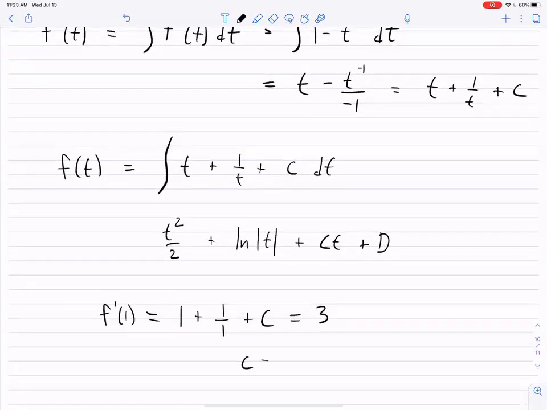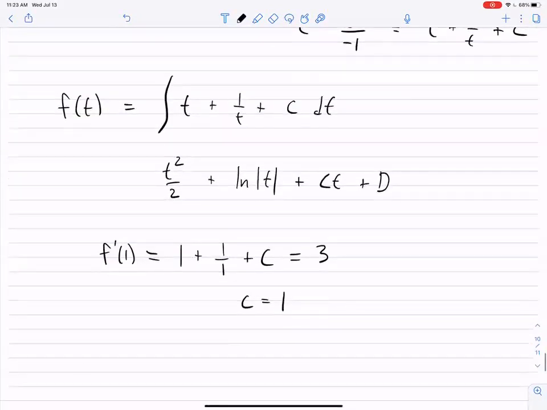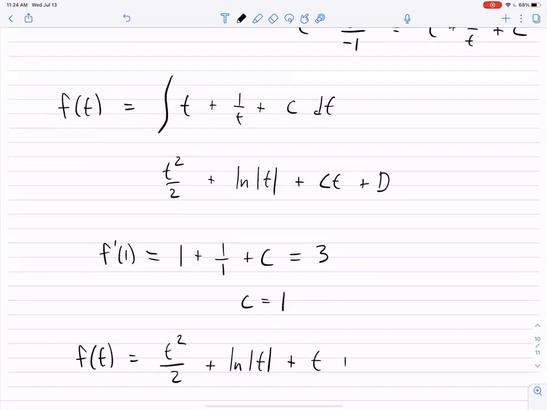And so that means c is equal to 1. And so that means little f of t now is t squared over 2 plus natural log of absolute value of t plus, let's see, c is 1, so t plus d.